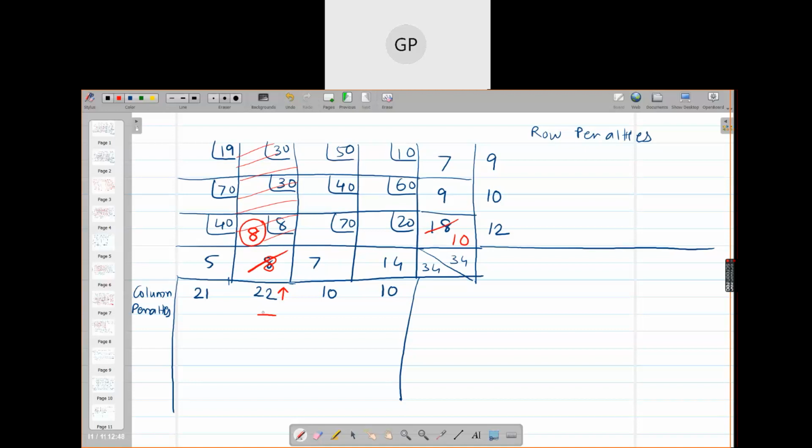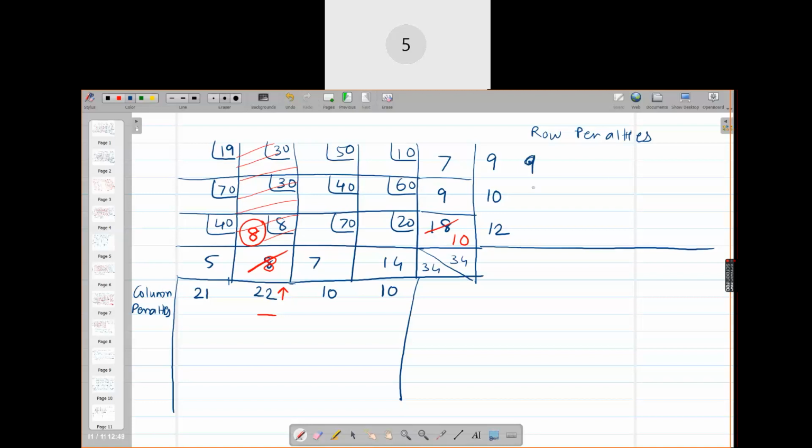Okay. Now we will find a new set of penalties again. Because this 30 is gone, there might be some differences in the penalties, right? The row penalties will be different now. The first row again, 10 and 19, so 9.